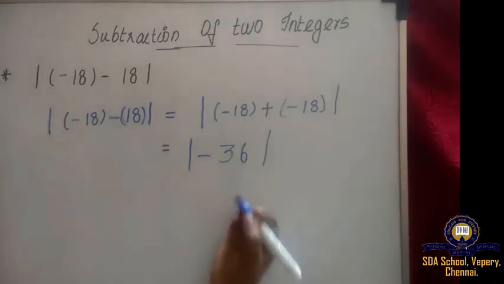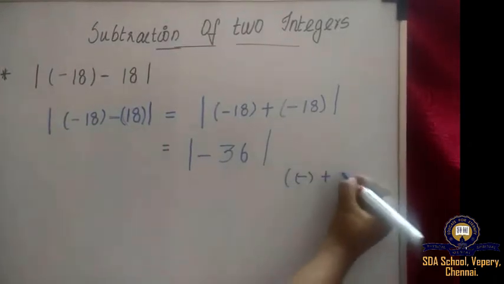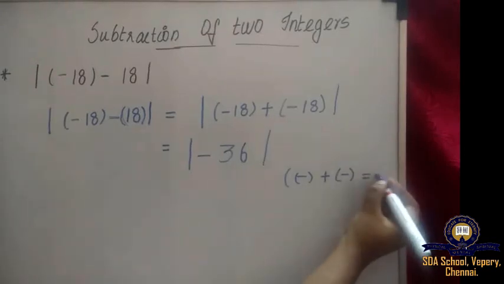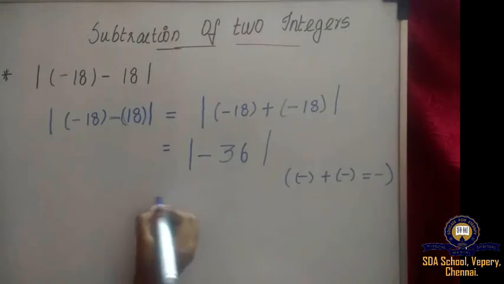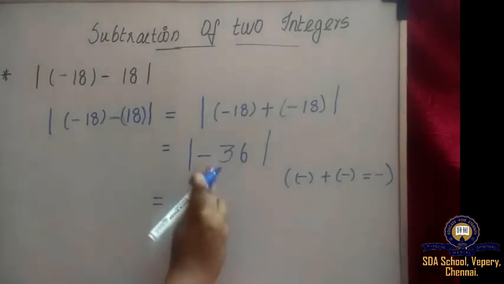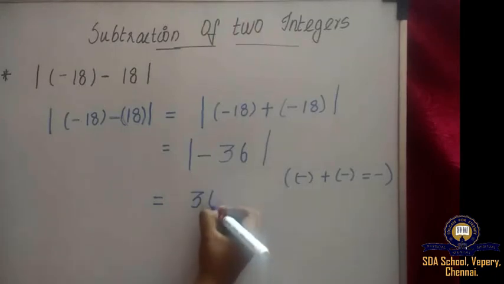So it is minus 36 because minus plus minus will give minus. So it is minus 36. So what is the absolute value of minus 36? It is 36.